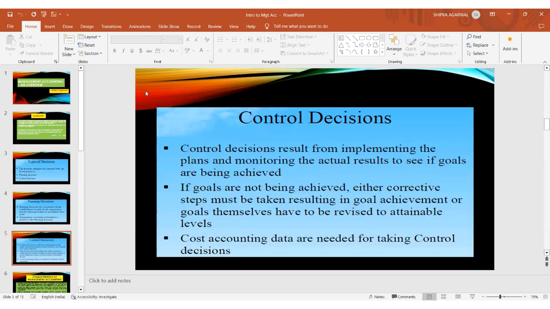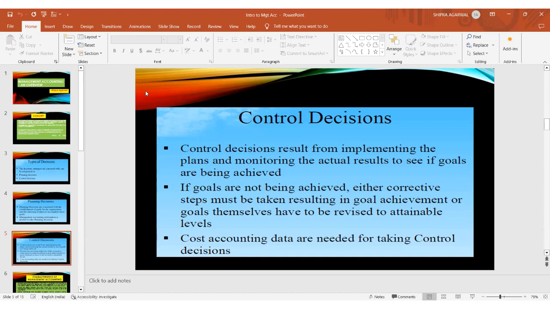The second decision type is the control decision. Control basically means we want to implement control on the plans that we have in mind for the achievement of organizational goals. Whatever we have planned, based on that we start with the actual working.